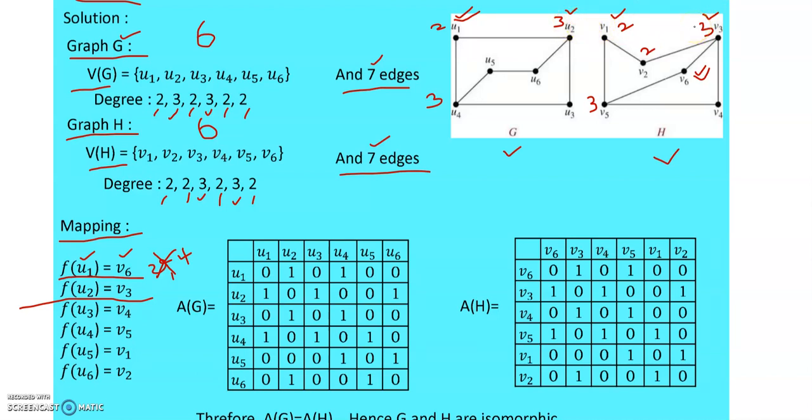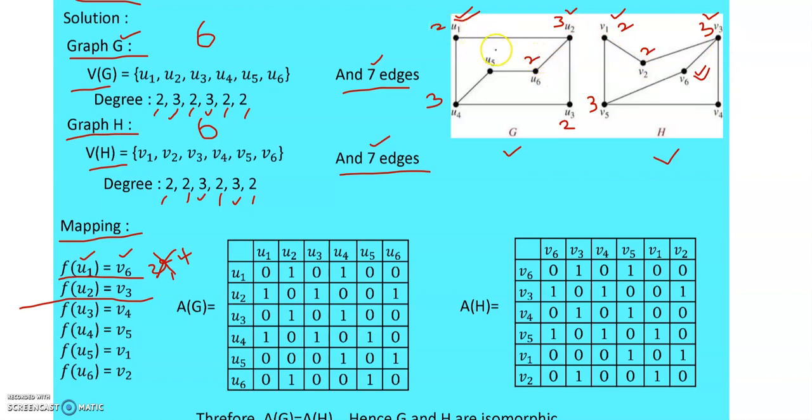Second, we have to check the adjacency and the corresponding degrees of the adjacent vertices. Now, okay, for u2, what are the adjacent vertices? Here u1 degree 2, here u3 degree 2, and u6 also adjacent with degree 2.